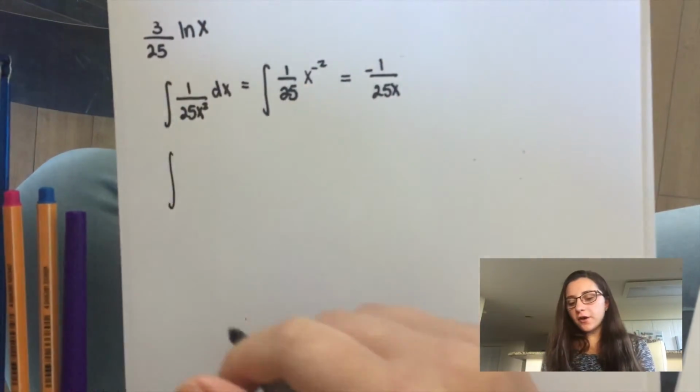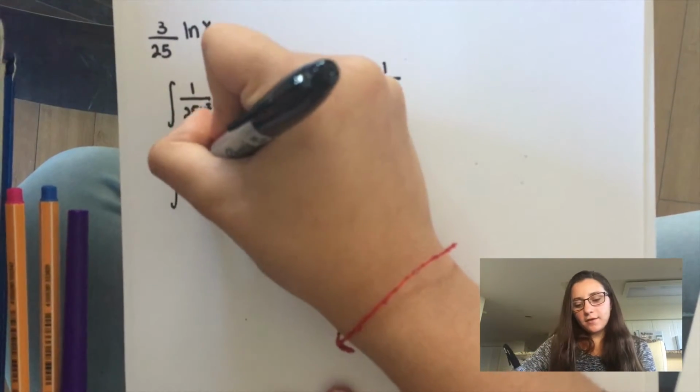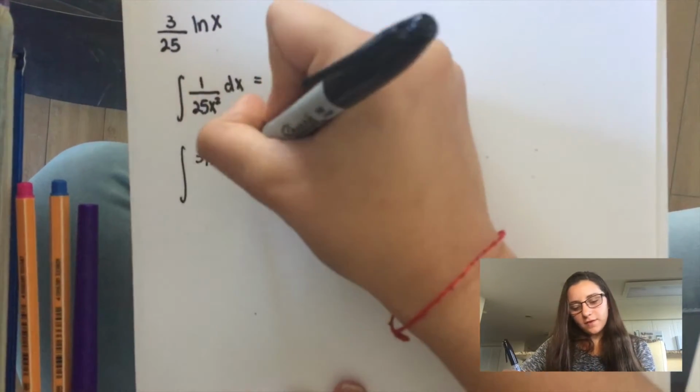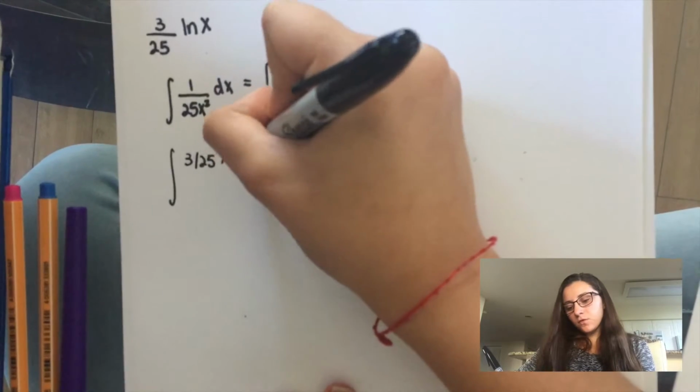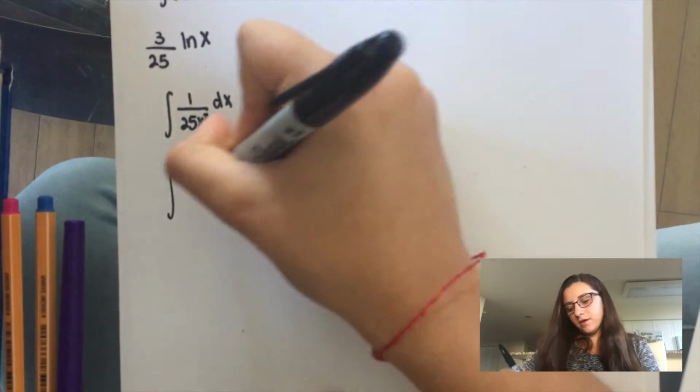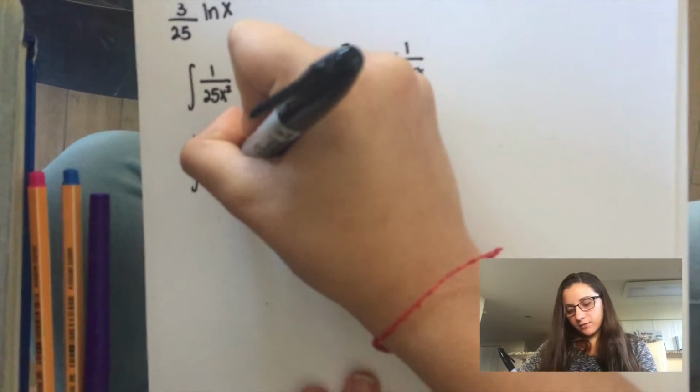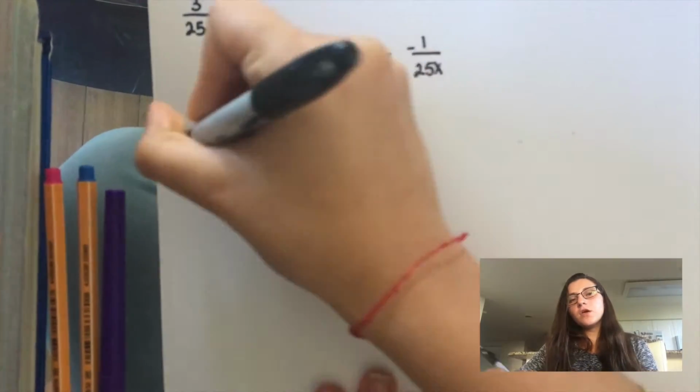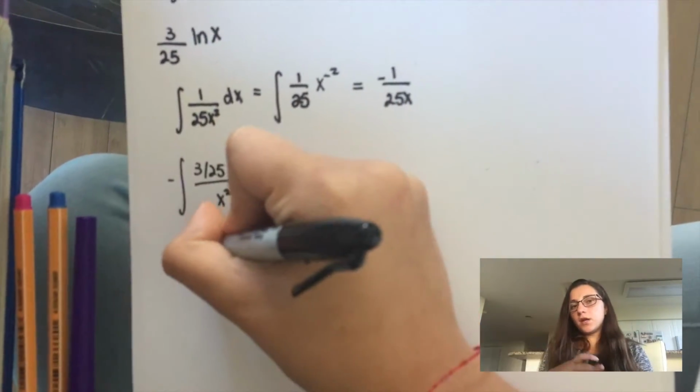Alright, so for our third integrand, we had negative 3x over 25 plus 1 over 25, and everything divided by x squared plus 25. So we are going to divide it into 2.